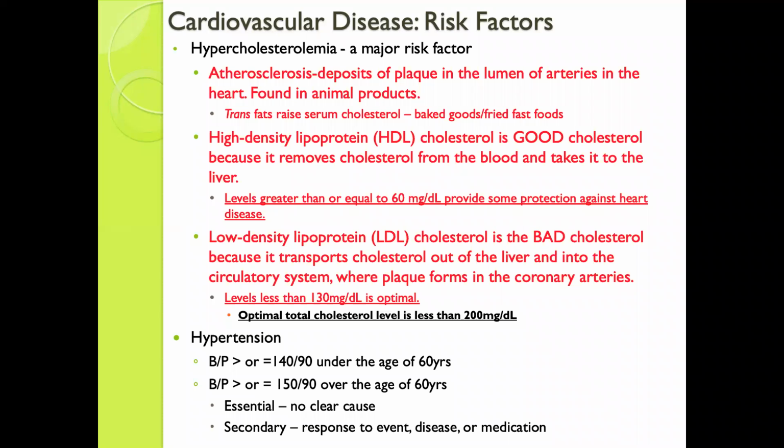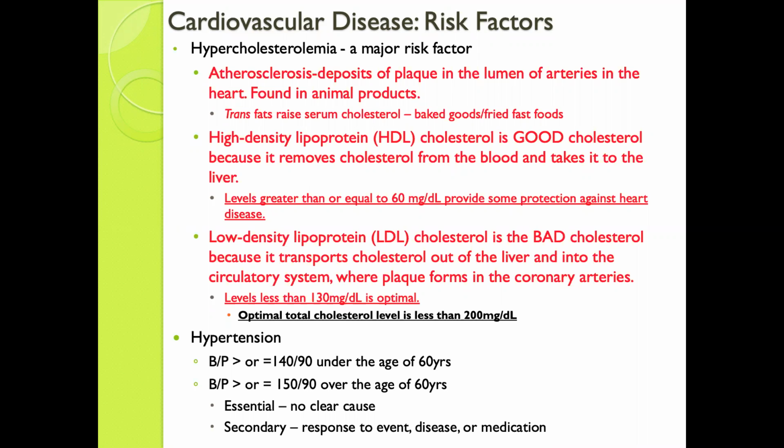LDLs are bad because they do the reverse. They transport cholesterol out of the liver to other locations, and if they're high, you're going to tend to deposit plaques on those arteries. So levels less than 130 milligrams per deciliter is what we shoot for.